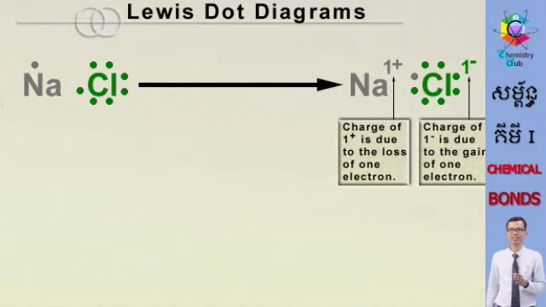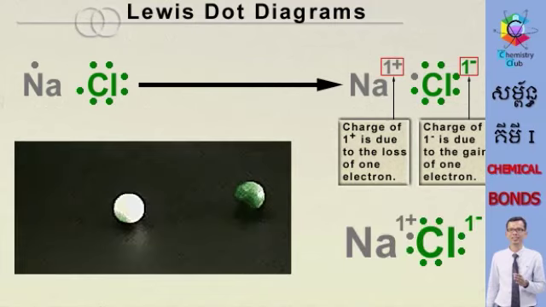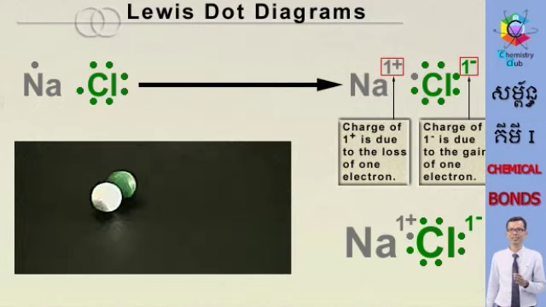Positive charges are denoted by the number of electrons the atom lost in the reaction, followed by a plus sign. Negative charges are denoted by the number of electrons the atom gained in the reaction, followed by a minus sign. Oppositely charged ions, like oppositely charged magnet ends, have such a strong attraction for one another that they come together, forming a bond that makes a neutral compound, meaning that the compound has no charge.